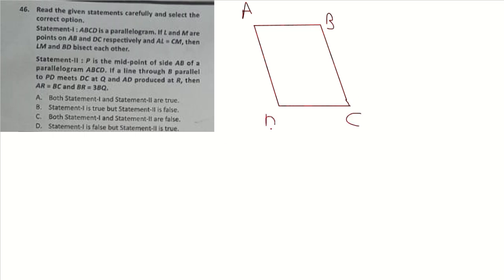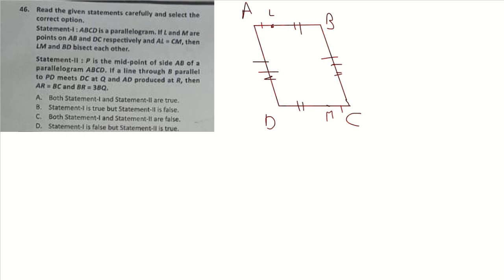If L and M are points on AB and DC respectively, and AL is equal to CM, so L is the same distance from A as M is from C. So this is equal to this, and because AB was equal to DC, this will be equal to this, and because it's a parallelogram, this is equal to this.